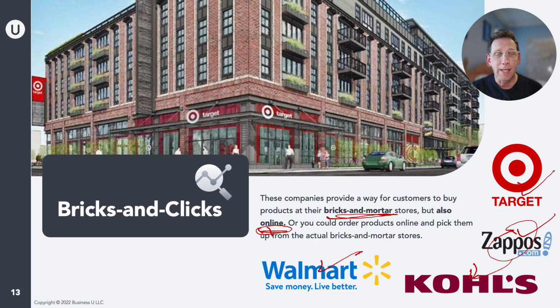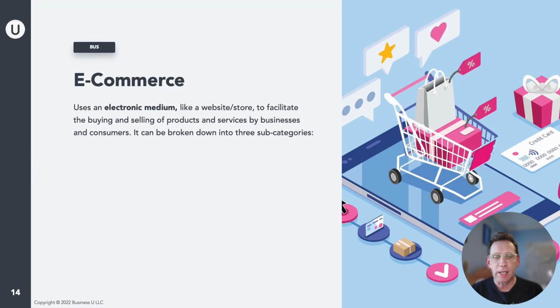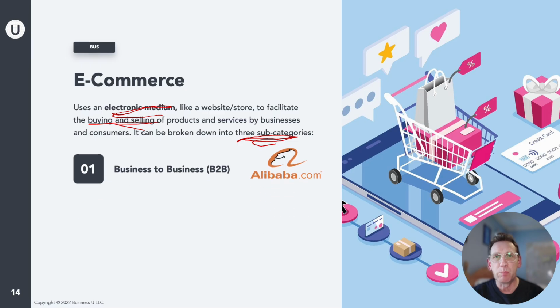So all of this online stuff leads to something called e-commerce. Now, e-commerce is an electronic medium like a website or a store to facilitate the buying and selling of products and services to businesses and consumers. And it can be broken down into three subcategories. First is business to business or B2B. Alibaba in China is an example of this.